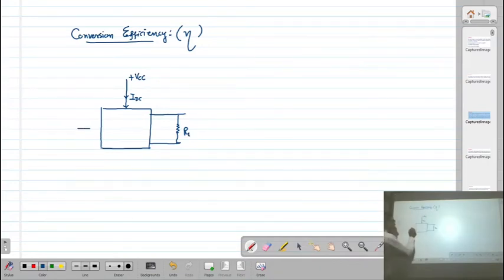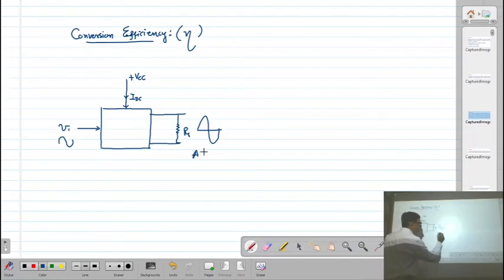Now when we apply an input voltage like this, we have a large signal in the output. Whatever the signal is in the output, we call this AC power. This AC power is dissipated in the load resistance RL.